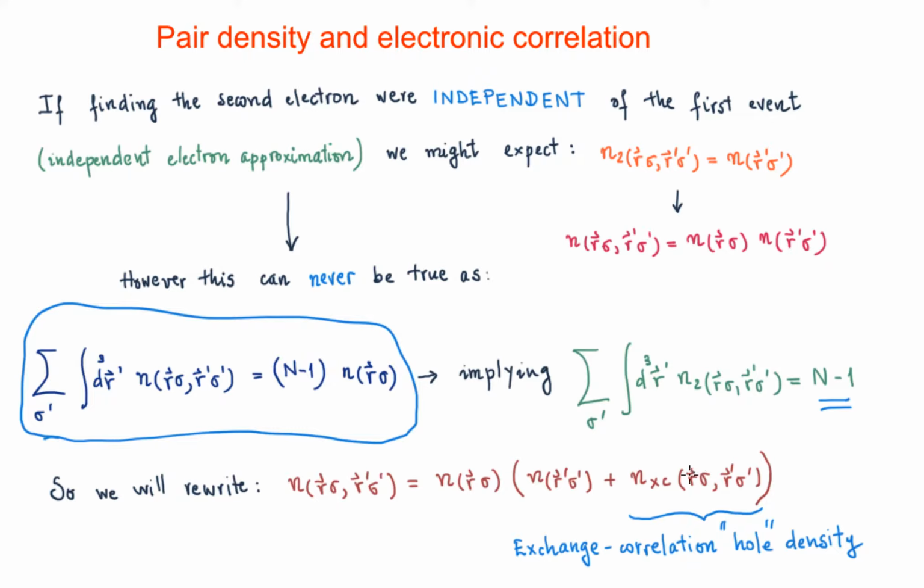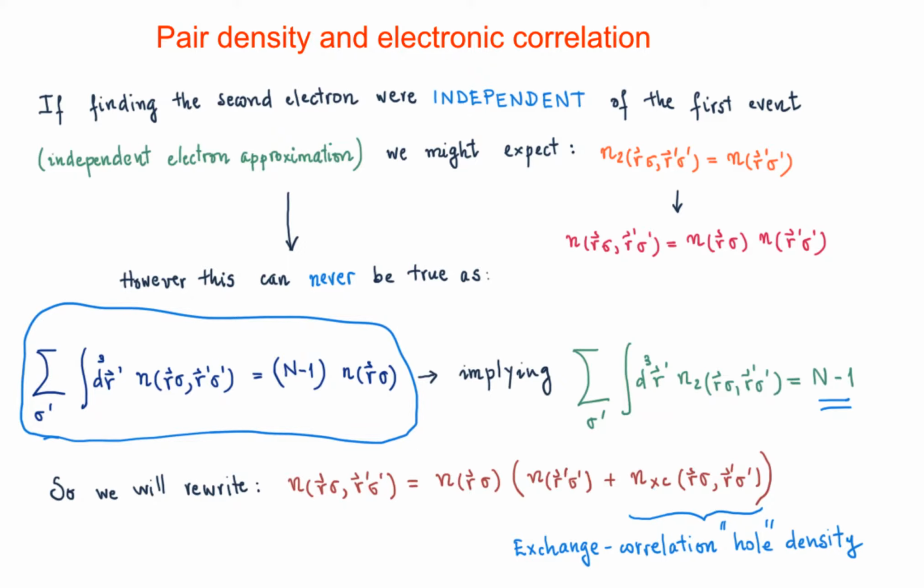It's going to be a function, of course, for which we don't know the exact expression. It will depend on the system that we have. It will depend on R and sigma and R prime and sigma prime.